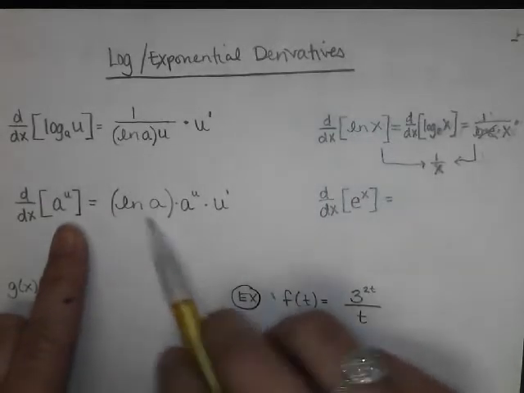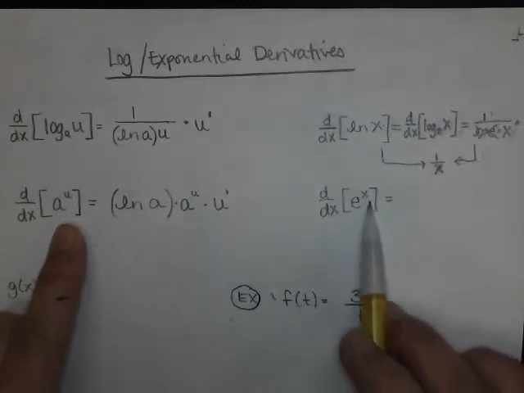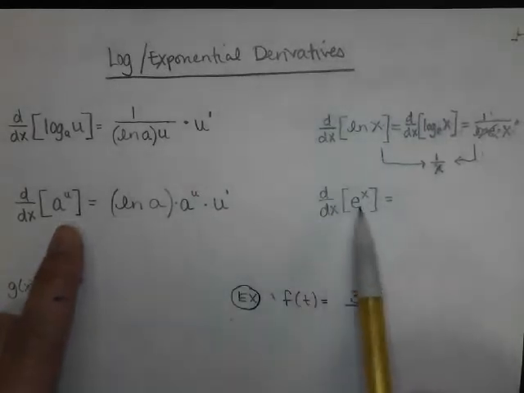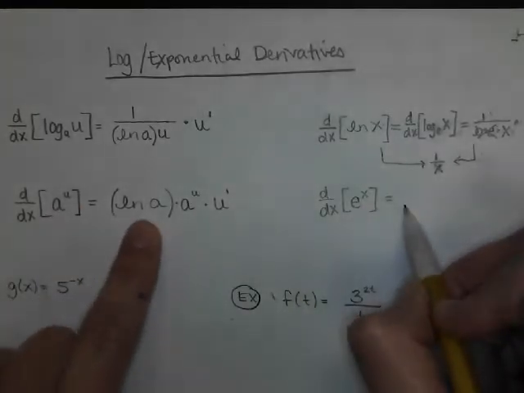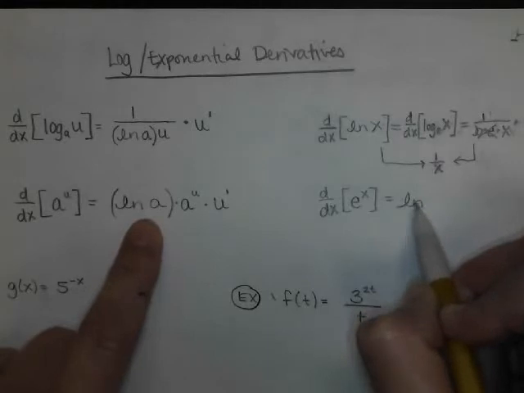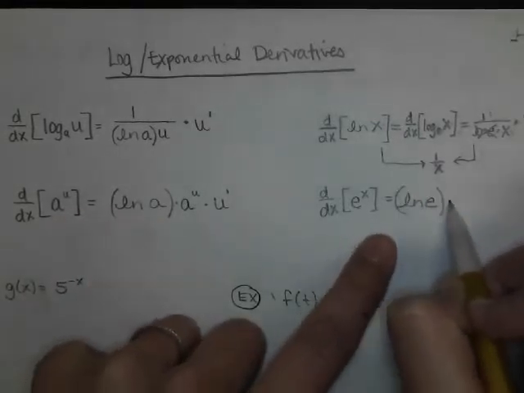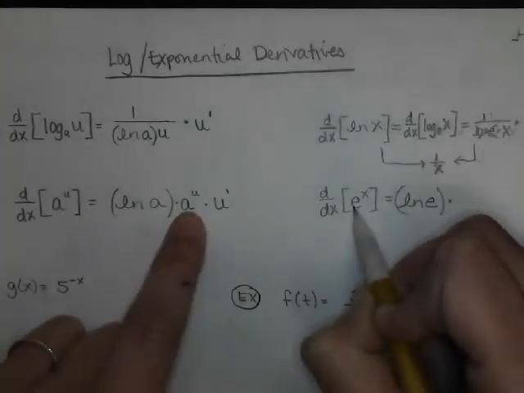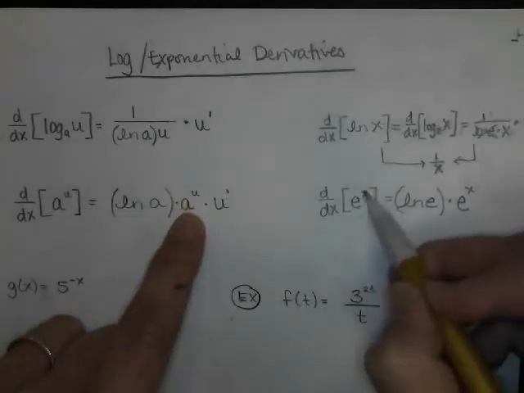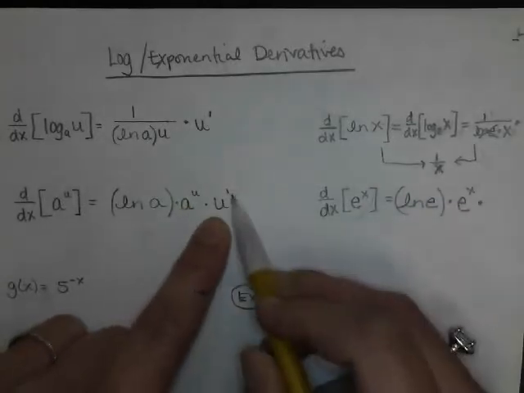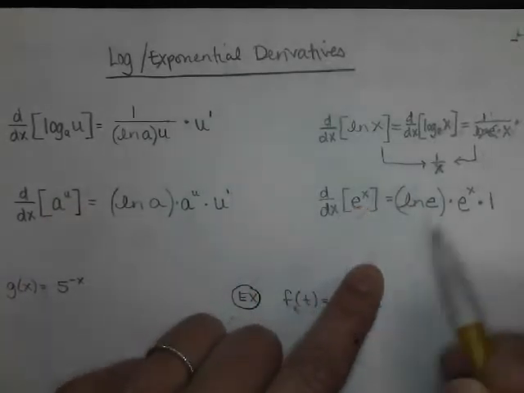For the exponential one, kind of a similar thing. The only exponential one we have looked at so far is this e to the x power. So if I treat the e as my a and the x as my u and follow the rule here, the natural log of a, and in my a position is e, times whatever's in the base position, e to the x power, so you just take this for what it is, times the derivative of the exponent, so the derivative of x is 1.